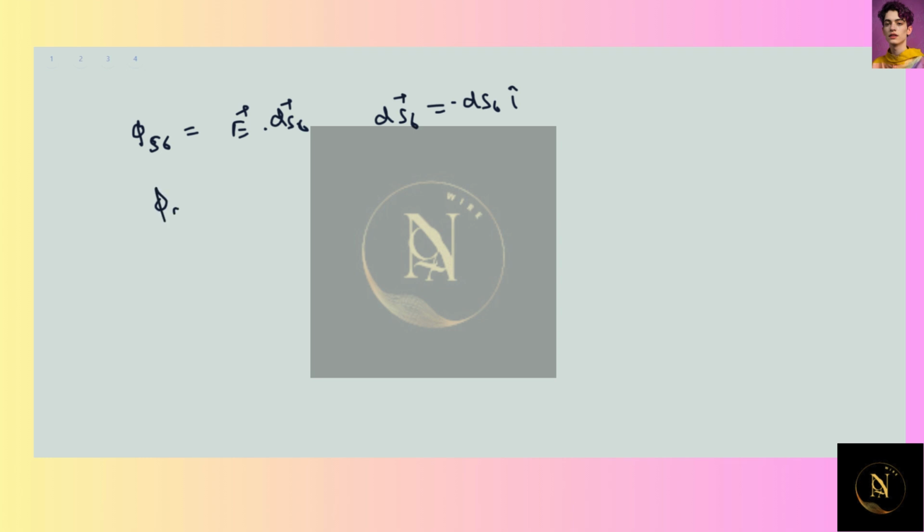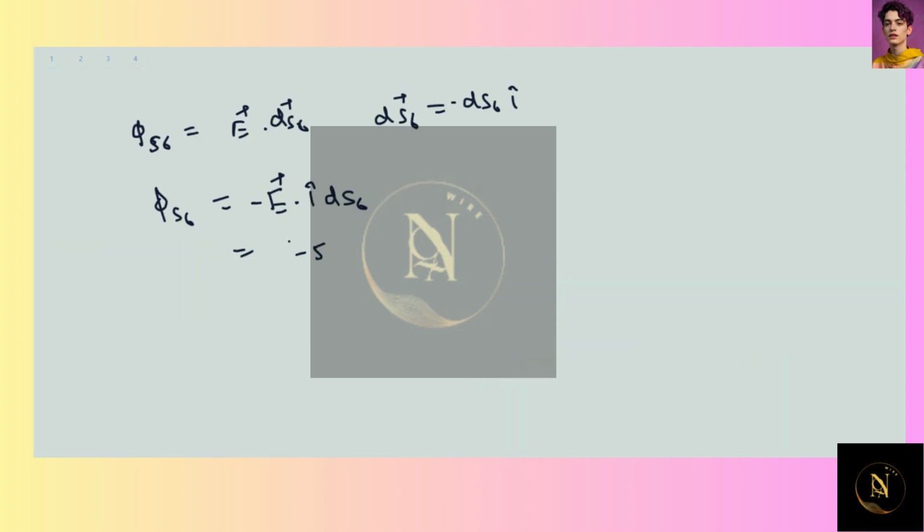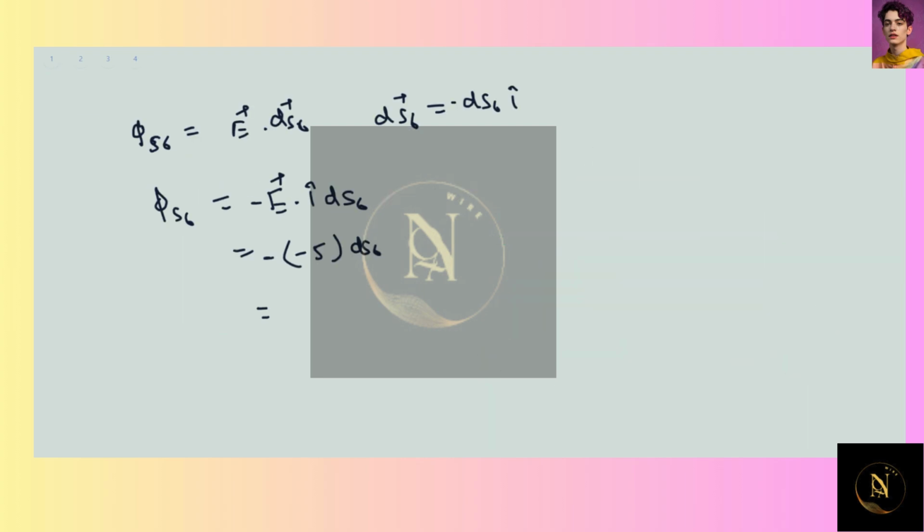So phi S6 equals E dot dS. We have E dot i cap minus dS6. If you take the product, this comes out minus 5 times minus dS6. Now dS6 is in the yz plane, so we have 5 dy dz.